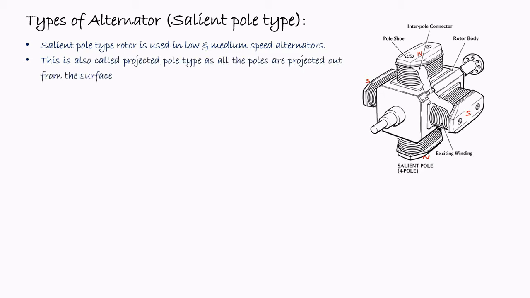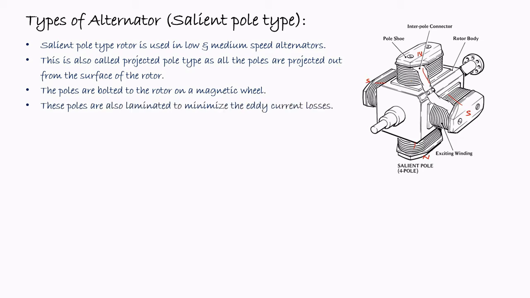This is also called the projected pole type, as all the poles are projected out from the surface of the rotor, as we can see in this figure. The poles are projected outside from the main structure. The poles are bolted to the rotor on a magnetic wheel. So these poles are basically bolted with the rotor structure.